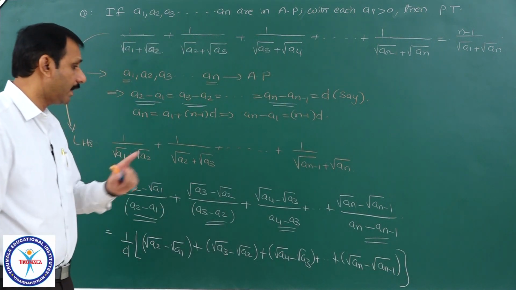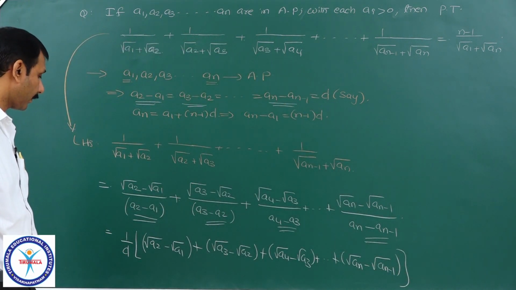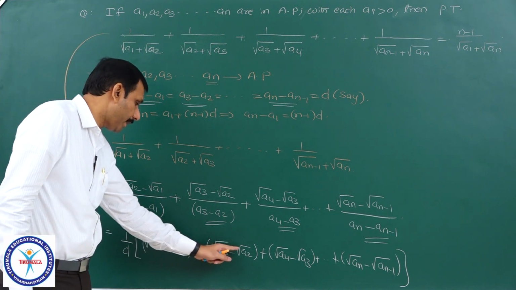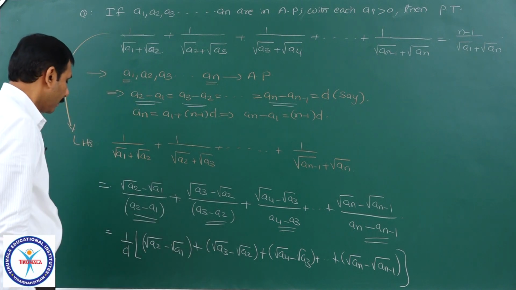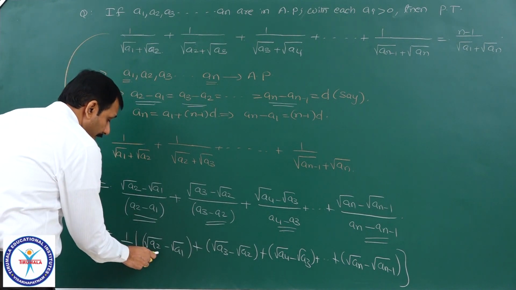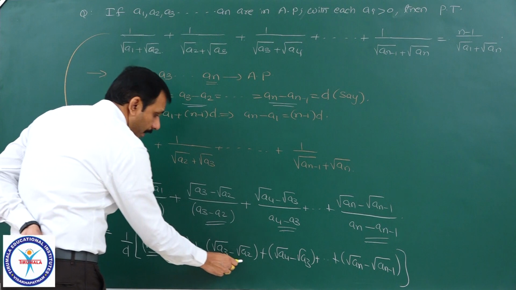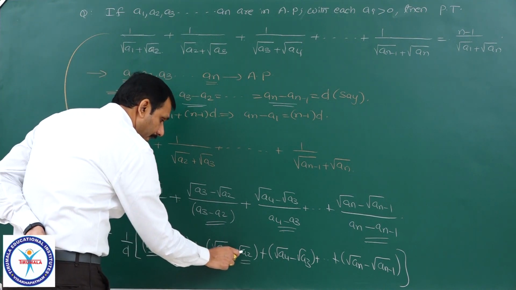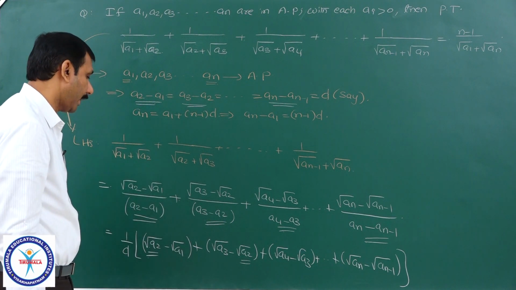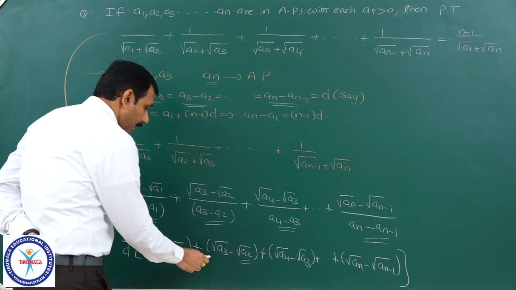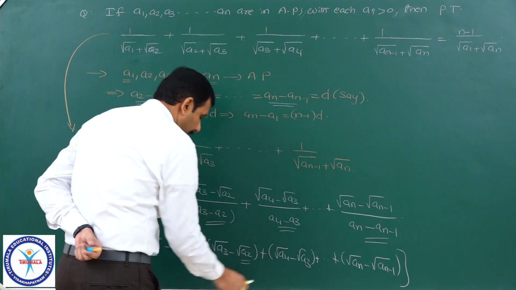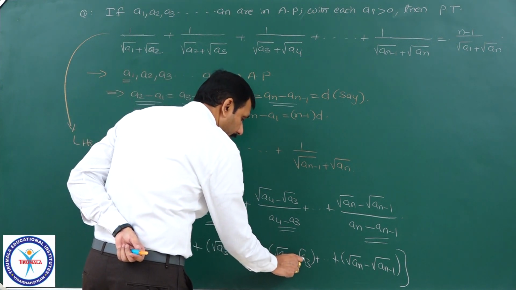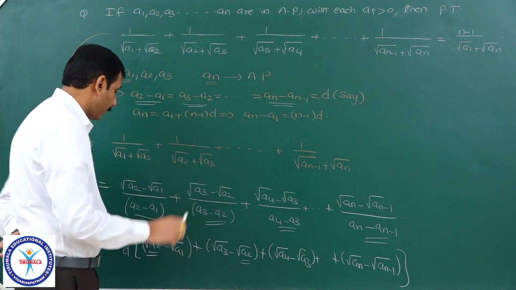Now check these inside terms: root a2 minus root a1, root a3 minus root a2. First term of first bracket... the second term of first bracket, root a2, and the first term of second bracket, minus root a2, will get cancelled. Next, it is root a3 and minus root a3, the first term of second bracket and second term of third bracket will get cancelled and so on.